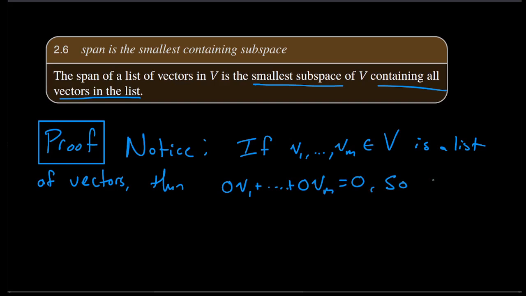So the 0 vector is in the span of v1 through vm. Okay, so we've got the 0 vector in the span. Nice. Fair enough.